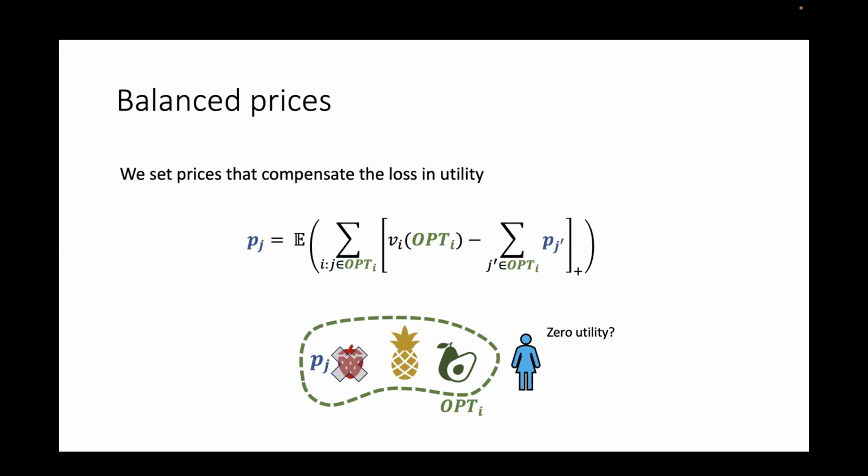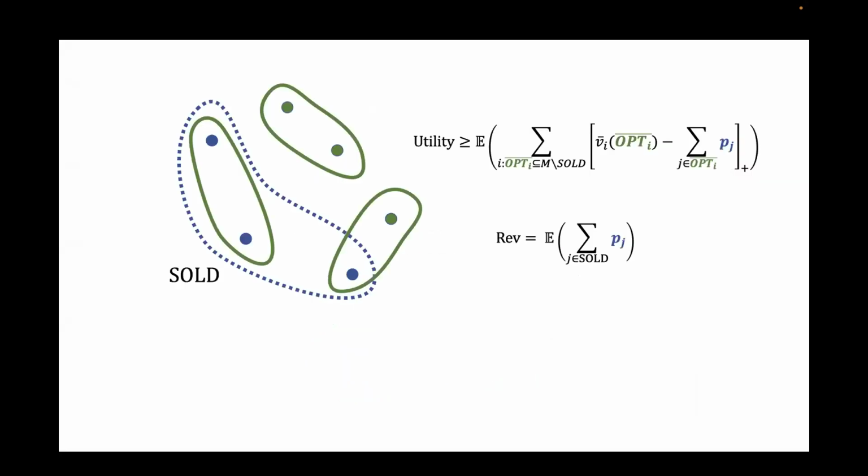Okay, so to finish the argument, we have the utility and the revenue. Let's say these green sets are the optimal allocation, right? Everything that doesn't touch the sold items, we do get at least that utility, right? For the green sets that touch the sold items, these are paid for, right? That's how we chose the prices.